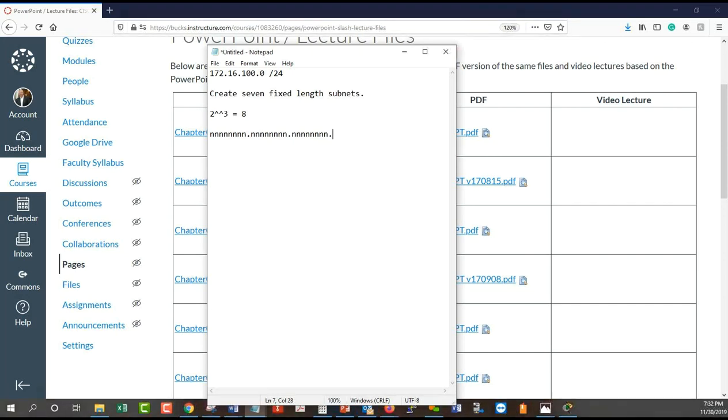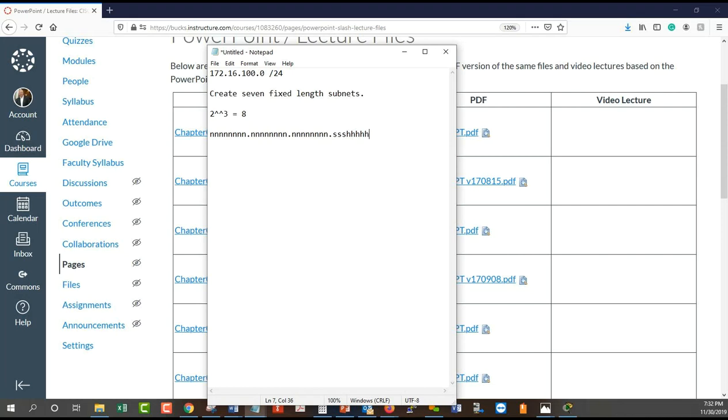And we're going to borrow 3 of the host bits. So I'm going to mark them as S. 1, 2, 3 subnet bits. And then the remaining 5, 1, 2, 3, 4, 5, those are our host bits. So the question becomes, and you are correct, it's going to be a /27 ultimately, okay?